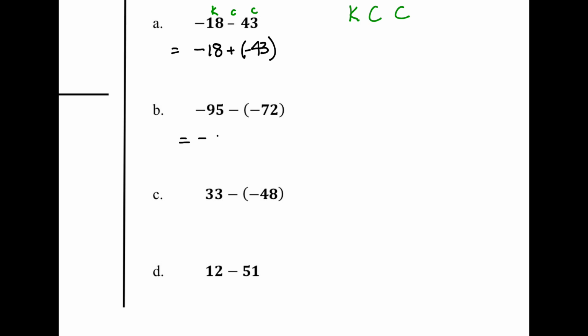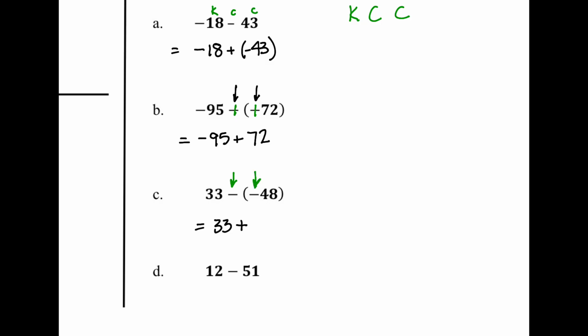Keep the first one, change the subtract to add, change the negative to positive. That's all you need to do. So basically, change this, change this. On C, keep the 33, change the subtract, change the negative.